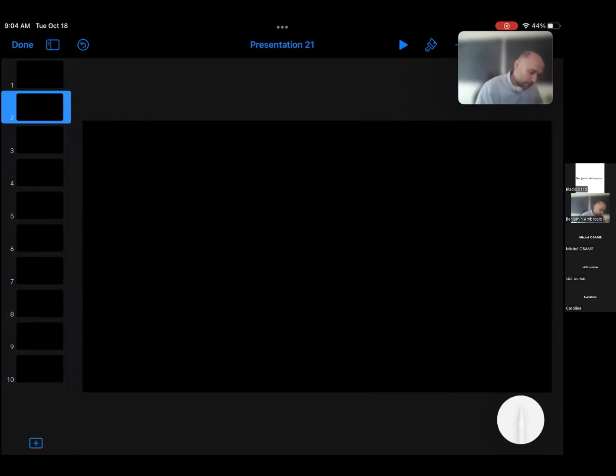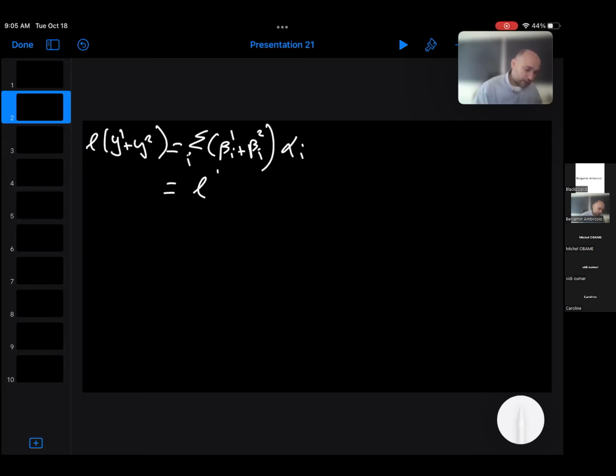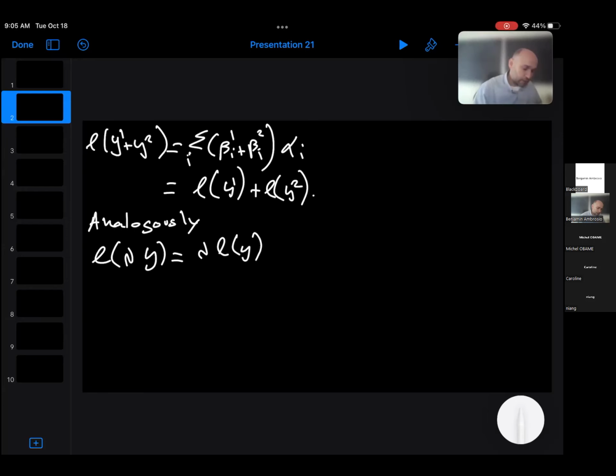So finally, L of yi is alpha i, and I get L of y1 plus L of y2. In the same way, you can prove that L of lambda y equals lambda L of y for all y in Y. So L is linear.